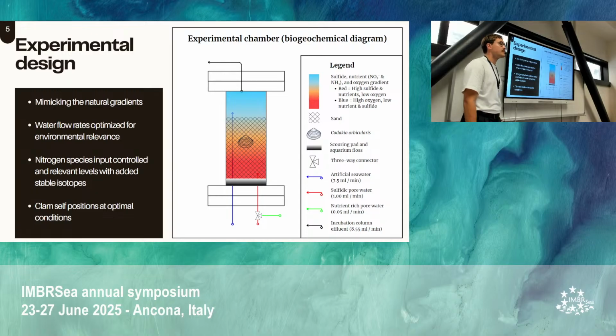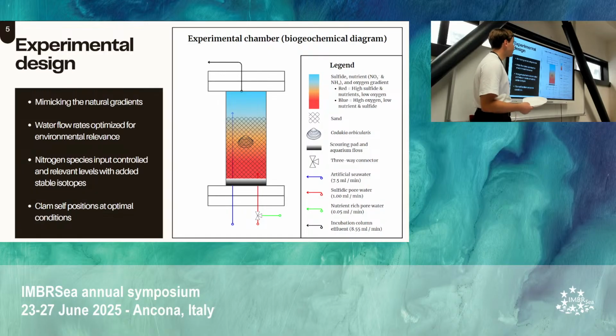Okay, now it looks like obviously there was very careful thinking, very good planning. I wonder if, from this point of view, these chambers can perfectly recreate the conditions in the field.